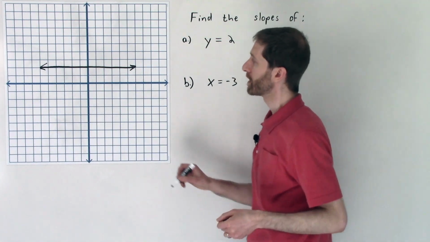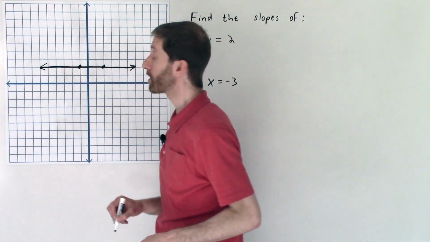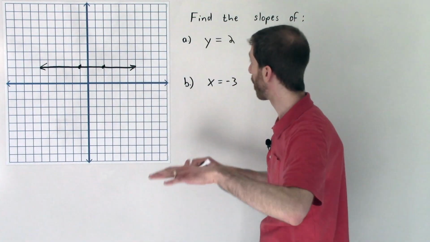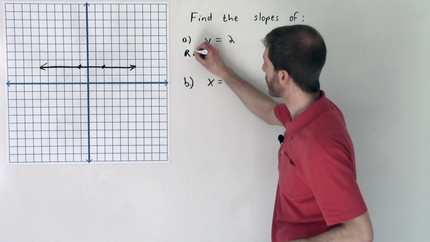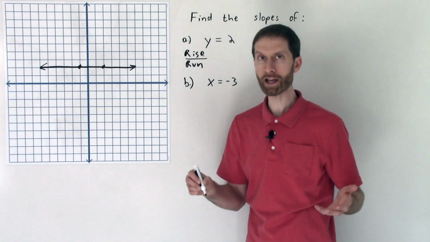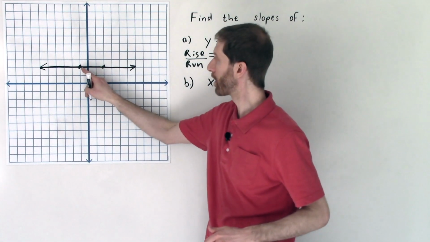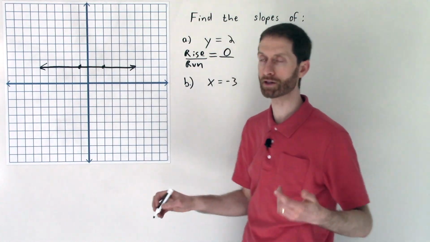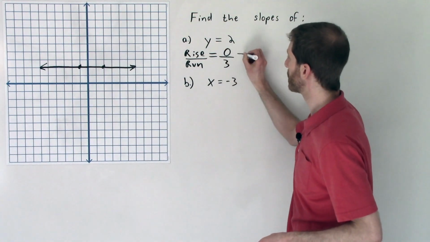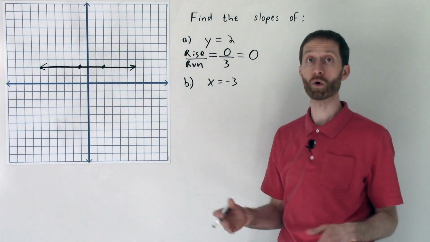So if we go from this point to this point, there is no rise at all. So if we do rise over run, then what we're looking at is a rise of 0. And in this case, we've run 1, 2, 3 spaces. 0 divided by 3, or if I have nothing and I divide it into 3 parts, each part is worth nothing.